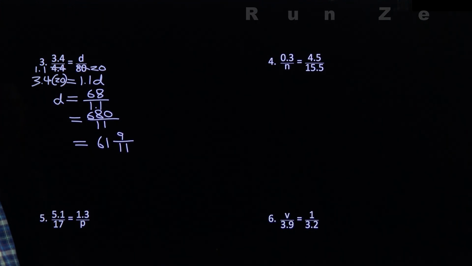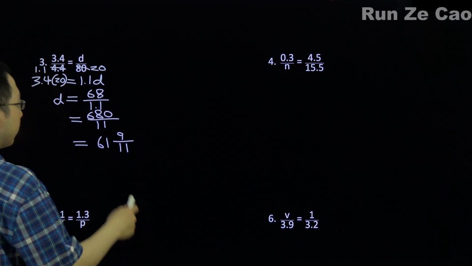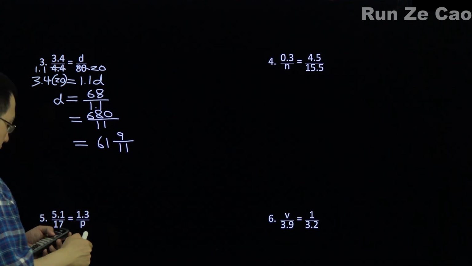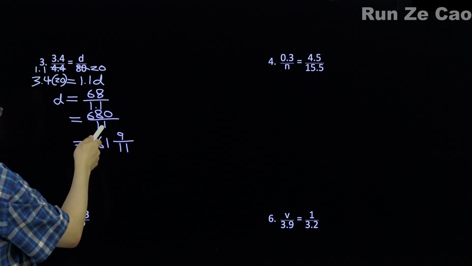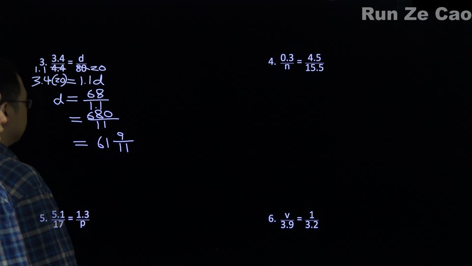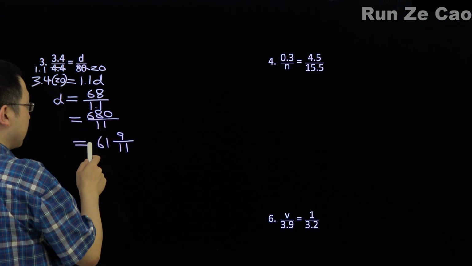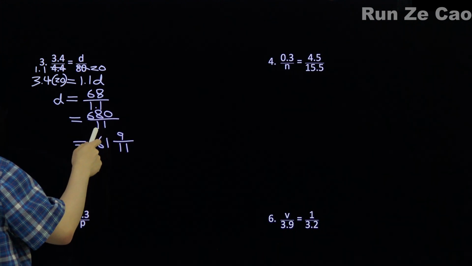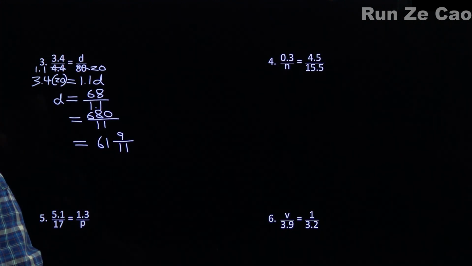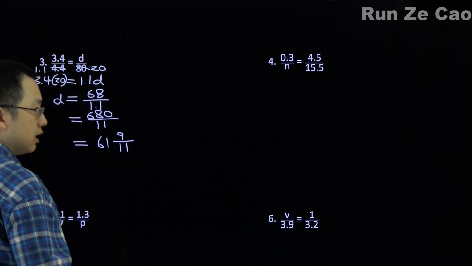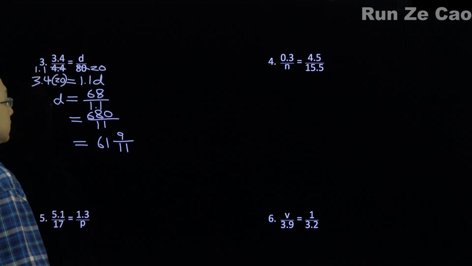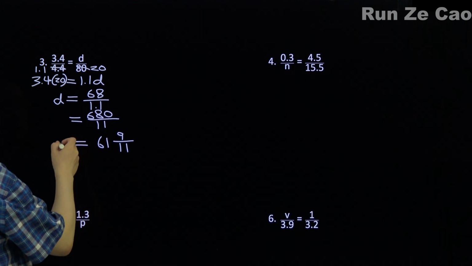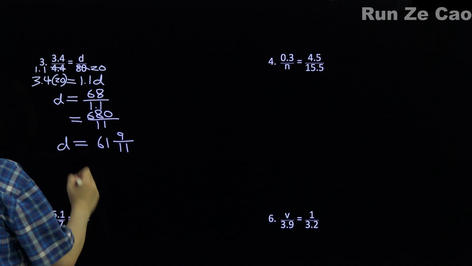Specifically, we have 9 over 11 left over. How do I know that? Well, besides the fact that it's 0.8181 and so on, this ends in 1. This also ends in 1. The product must end in 1. If you begin at a whole number of tens and then you minus something that ends in 1, you're going to end up with something that ends in 9, assuming you don't end up with a negative number. So, this is D.